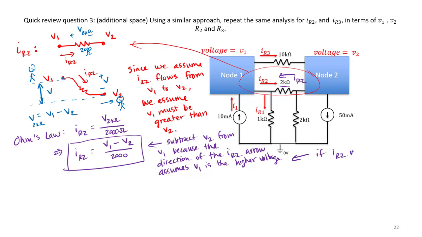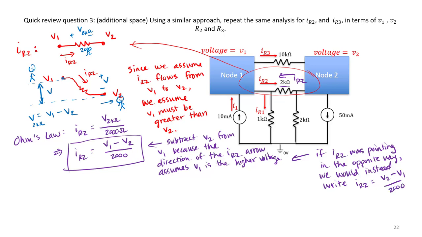If IR2 was pointing in the opposite way, we would instead write that IR2 is equal to V2 minus V1 over 2000, because then we would be assuming that V2 was the higher voltage.